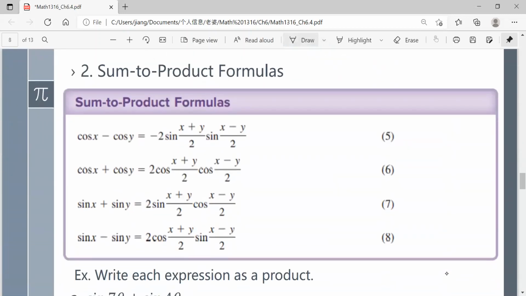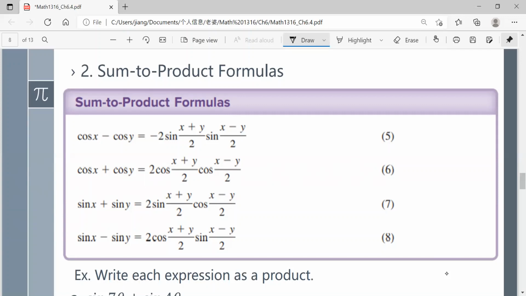Let's continue to see the sum to product formulas. So this part of the formula is the sum or the subtraction equals two trig functions multiplied together.